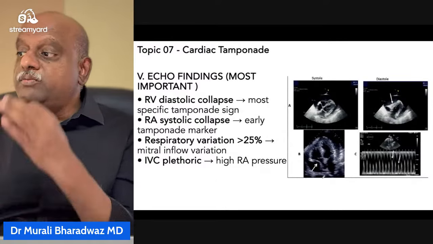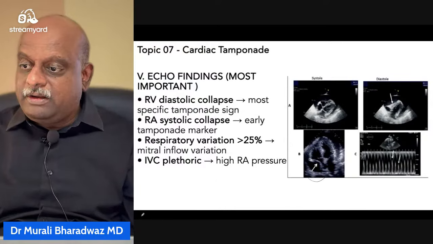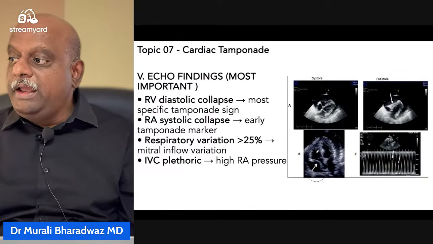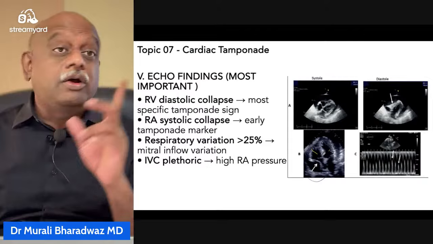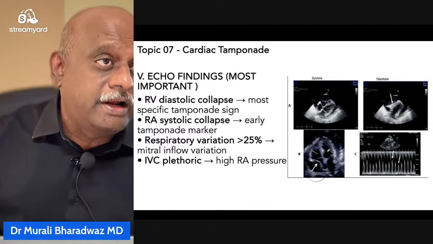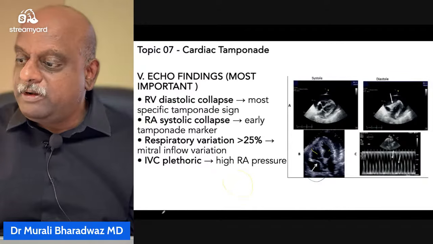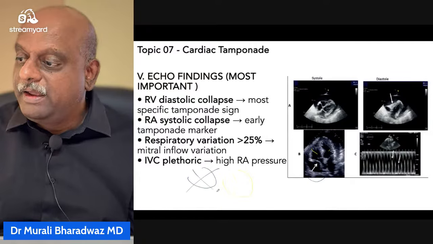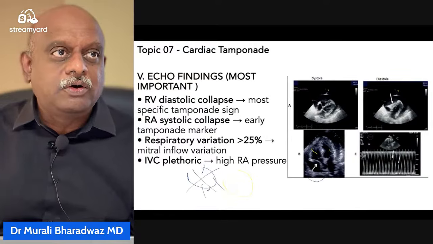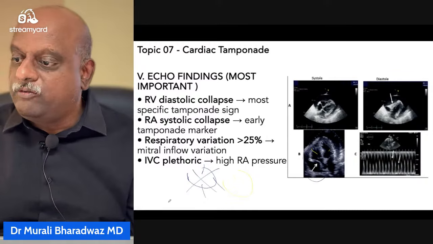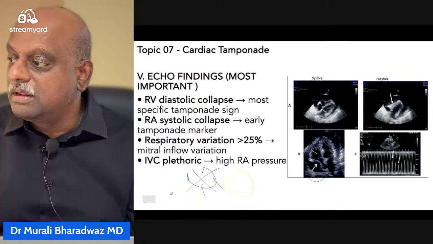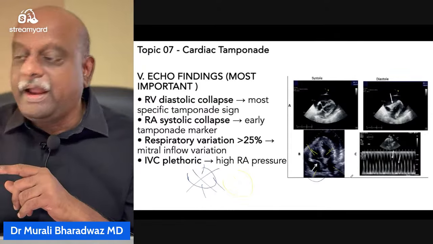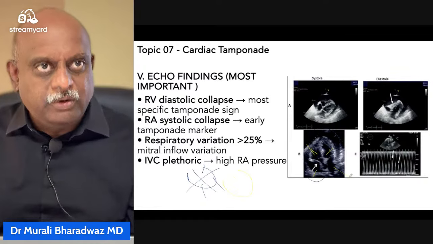Then what is most important, you can see here, when you do 2D echo, 2D echo is different from the regular diagram. In the regular diagram of our biology teacher, what is the diagram? Atria above and ventricles below. But in case of 2D echo 4-chamber view, these are ventricles above and atria below.